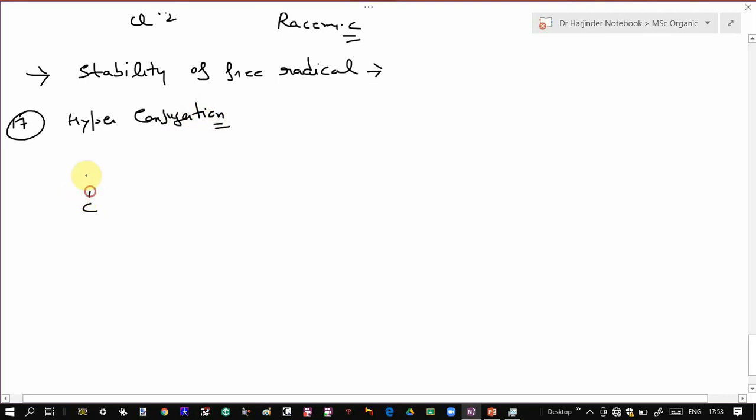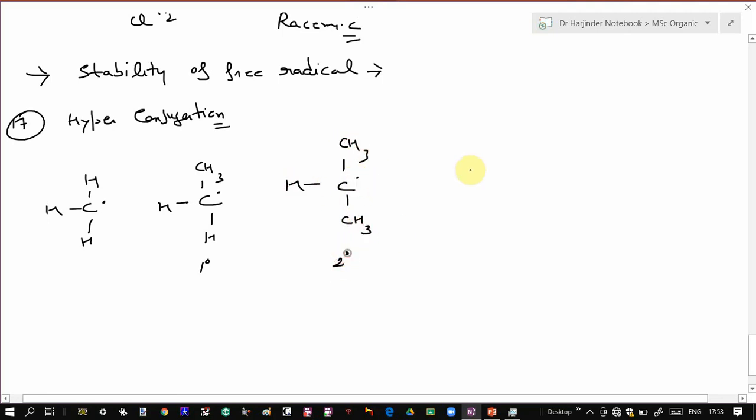For example, you have the simple methyl radical, a primary alkyl radical (1 degree), you may have a secondary, or you can have tertiary alkyl radicals. So it is usual that these tertiary alkyl radicals are more stable than secondary, primary and methyl radicals. Why? Because of hyperconjugation.